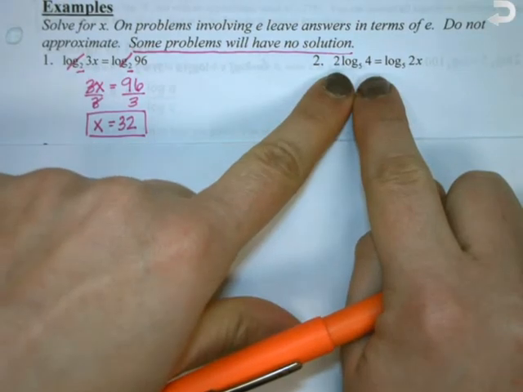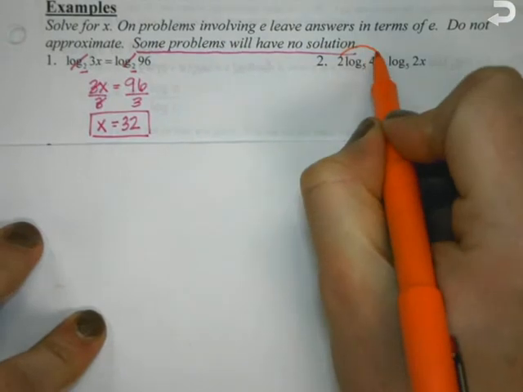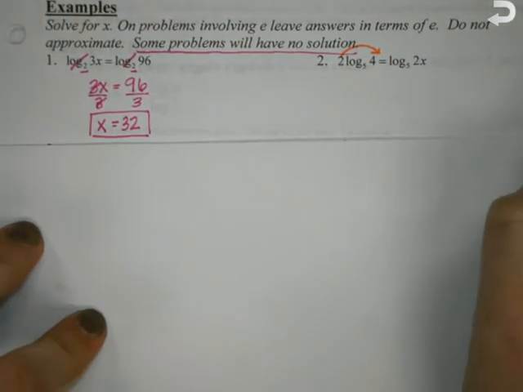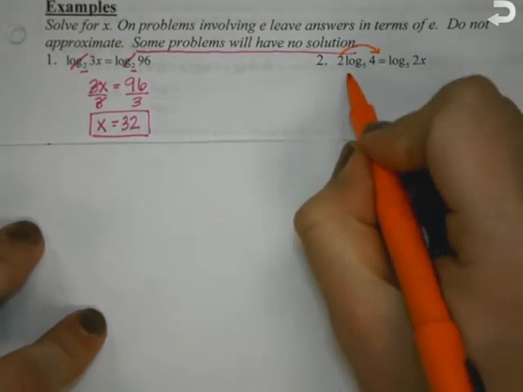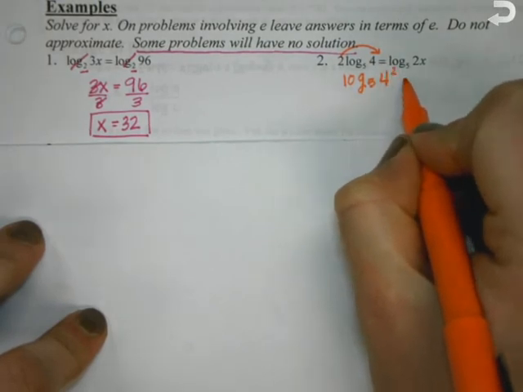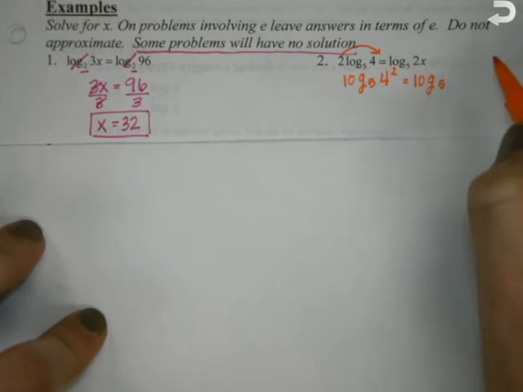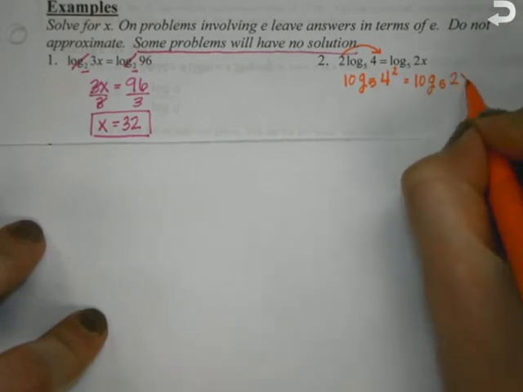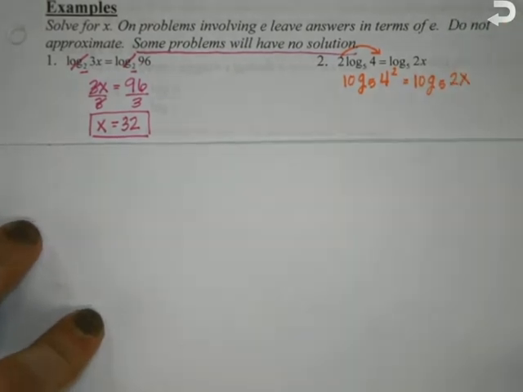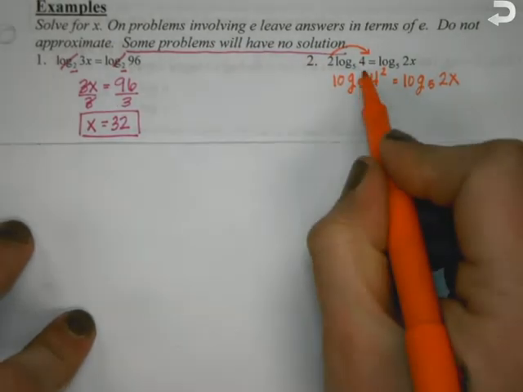Okay, number 2. We need to condense the left-hand side first. What rule is that? Power rule. So the first thing we're going to do is rewrite using the power rule. That's going to be log base 5 of 4 squared equals log base 5 of 2x. Do I have the same bases? Yes, log base 5. So we can drop those bases.